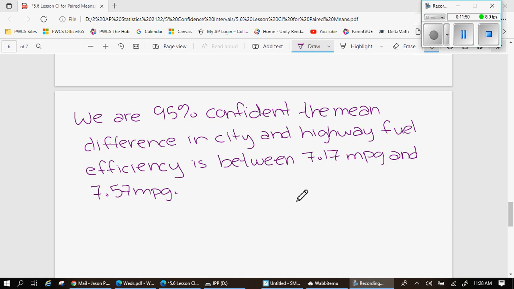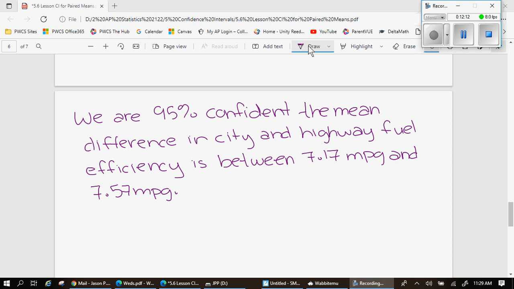So don't mention the sample in there. We are trying to infer, again, about the whole population. So we're trying to find the true population mean difference in fuel efficiency. Did we find it? We don't know, but we're 95% confident it's between those two values.